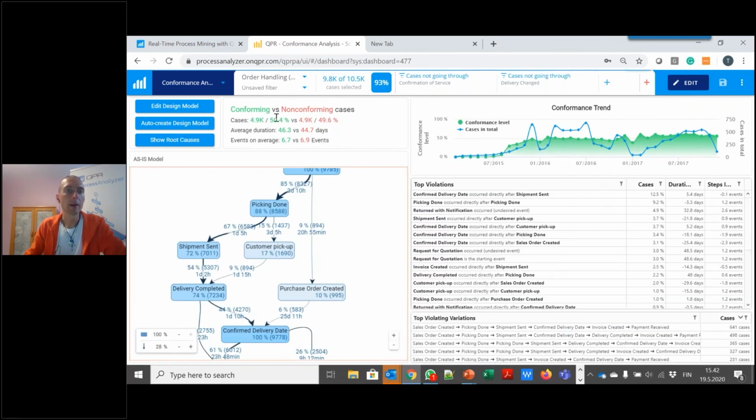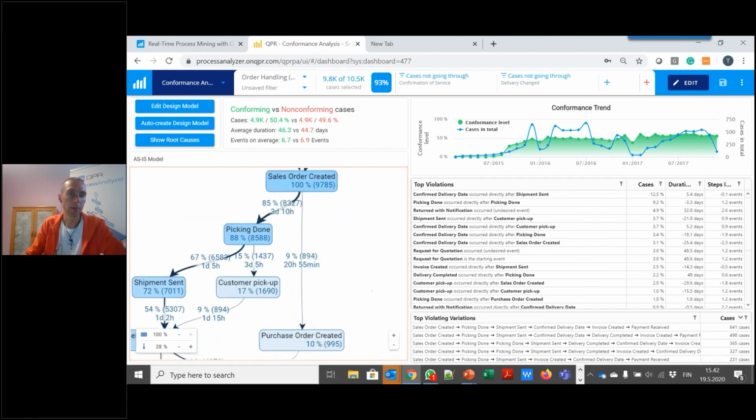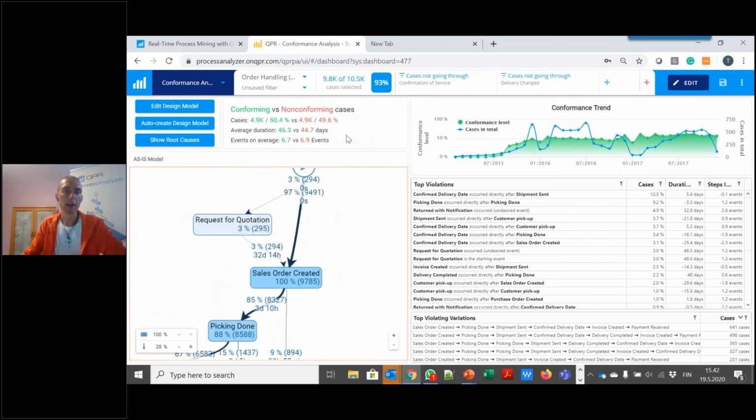And now the conformance percentage is 50.4. So we are excluding those extra steps, and the conformance is getting better because we don't have those cases in the analysis that went through those particular steps. So this is a way how you can, for example, take away some extra activities that can occur anywhere in the process. So you use a filtering condition for the as-is process. But the design model is very strict.